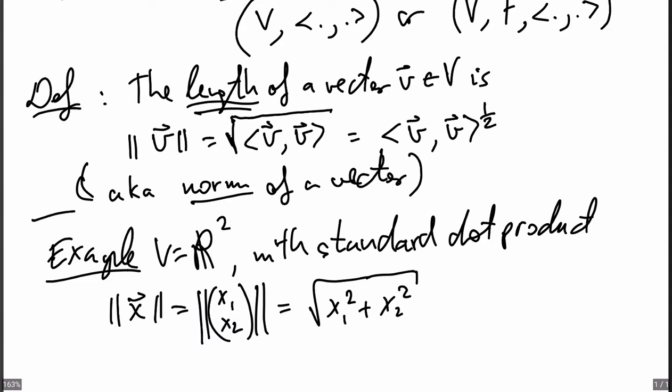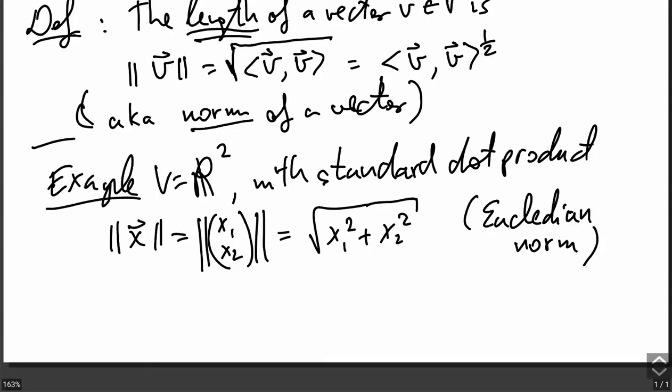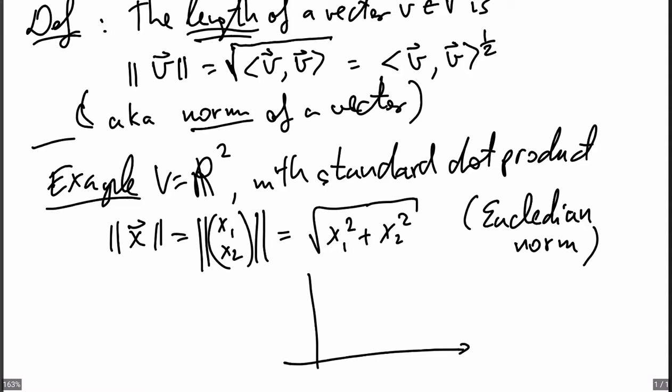This is also called the Euclidean norm. This is simply the length of the vector: if you have x1 and x2 components, then the length of this vector is the square root of the sum of the squares, using the Pythagorean theorem.